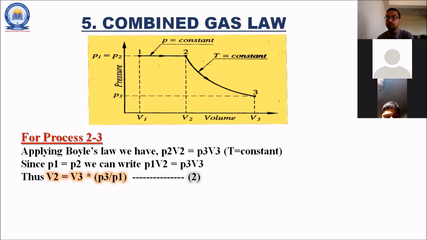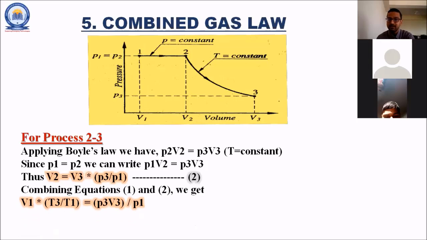That is my equation number 2. Now from equations 1 and 2, we have the same value, that is V2. So combining both these equations, V1 into T3 by T1 is equal to P3 V3 upon P1.